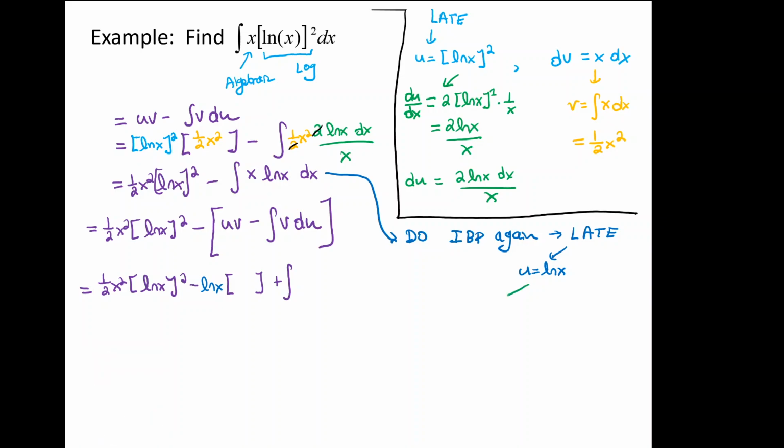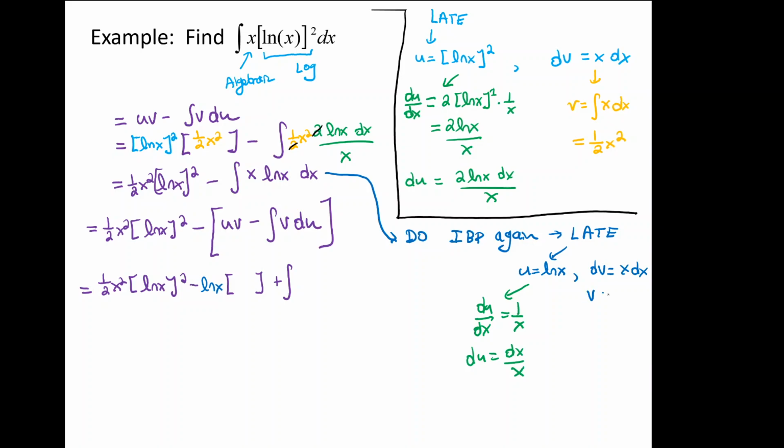Okay, so u is equal to ln of x. du by dx is 1 over x, so du is equal to dx over x. If u is equal to ln x, then dv must be equal to everything else. dv must be equal to x dx.